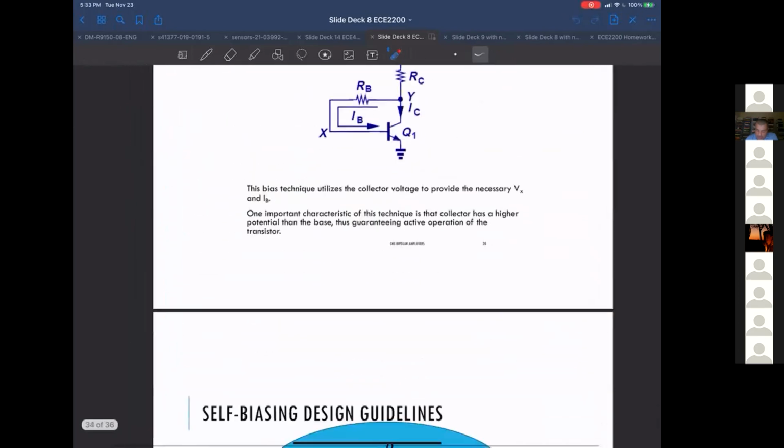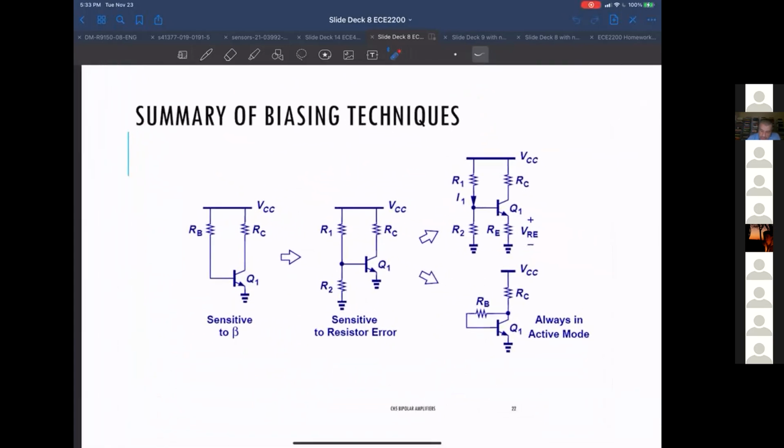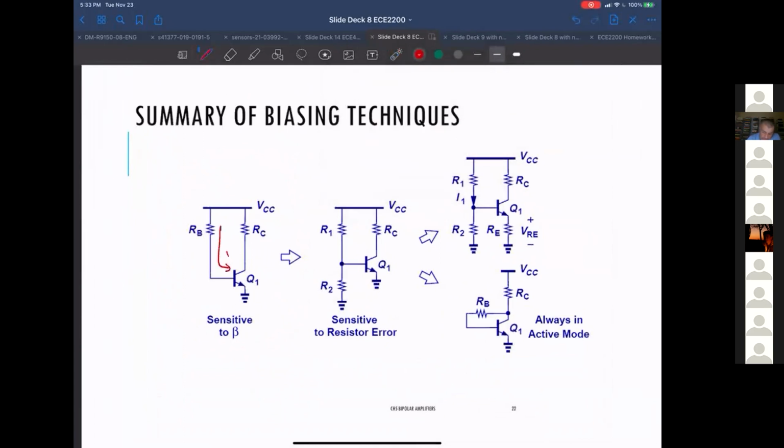Let me just go to this thing, which is where we'll be getting to, but this first type of bias was a very simple effort to get a base current to turn on Q1. And it's really simple. It's just got a resistor hooked up to the supply. But as we saw, it has a big dependency on the beta.